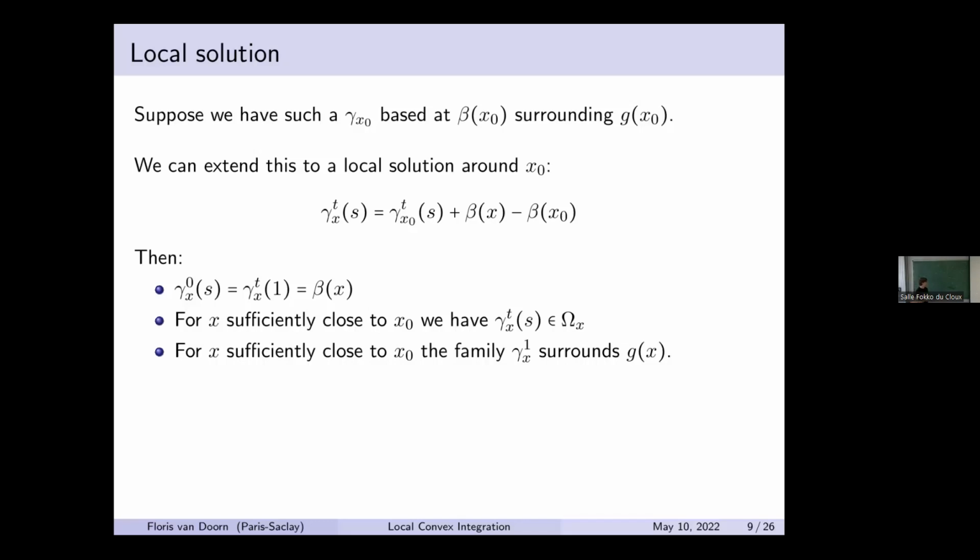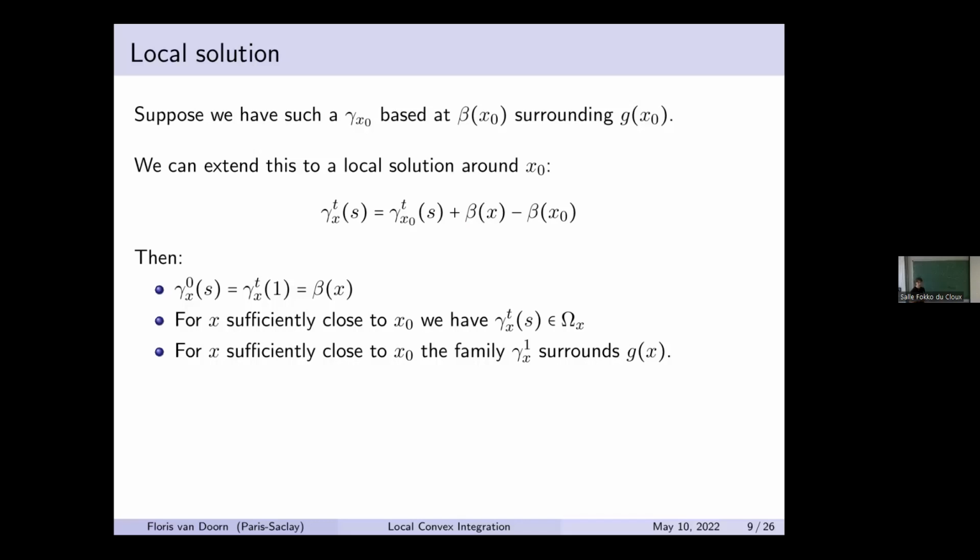So this is equivalent to saying that x comma gamma lies in omega, and that is a continuous function. So for x sufficiently close to x naught, this will stay inside omega. And also for x sufficiently close to x naught, if we take the loop where t is equal to 1, this will still surround g of x, because g of x naught lies in the interior of the loop based at x, gamma x naught.